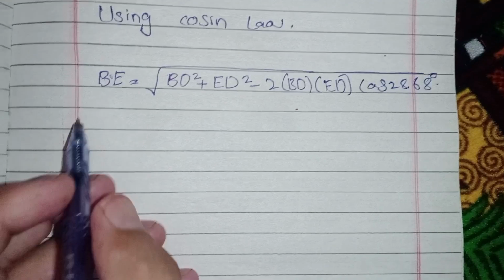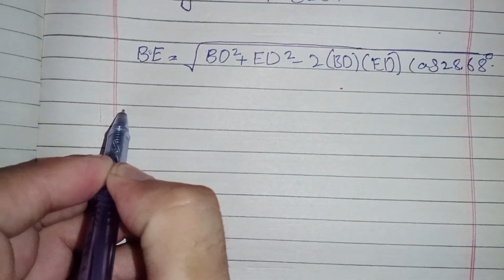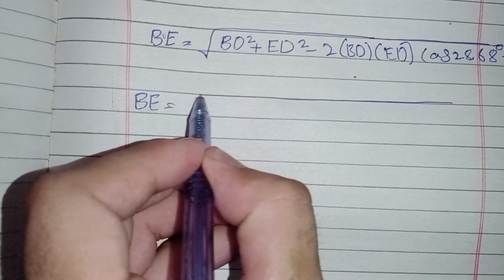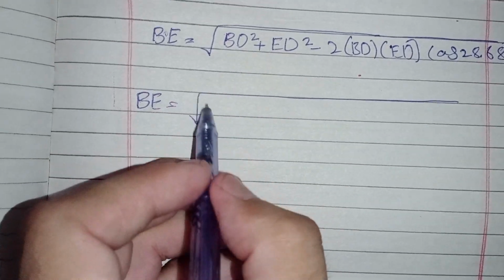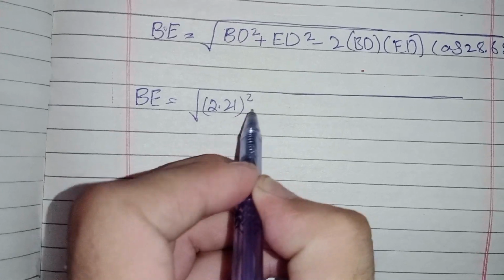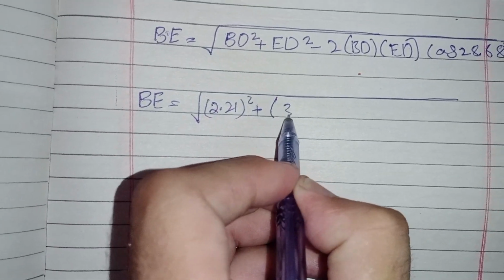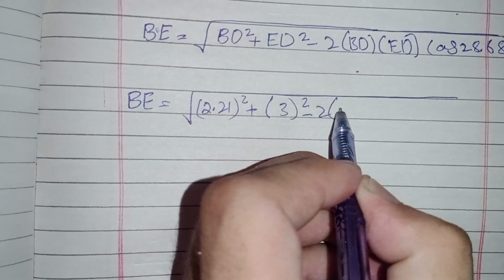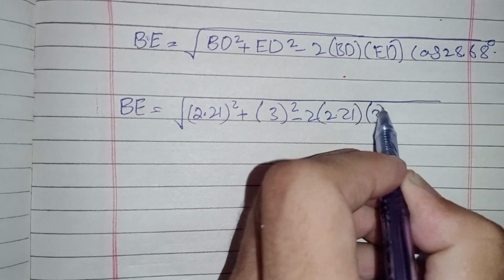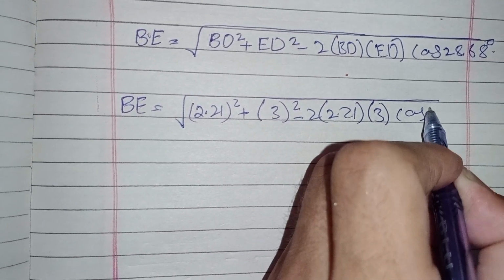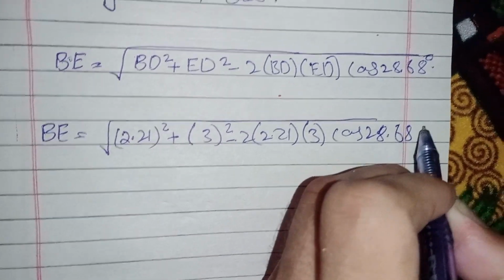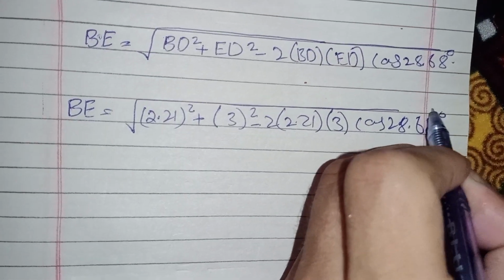Okay, so BE equal to under root BD square, which is 2.21 square, plus 3 square, minus 2 into 2.21 into 3 into cos of 28.68 degree.